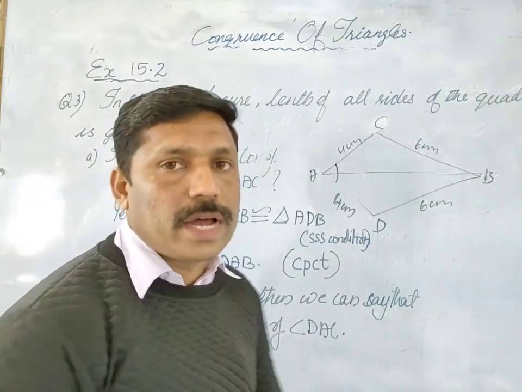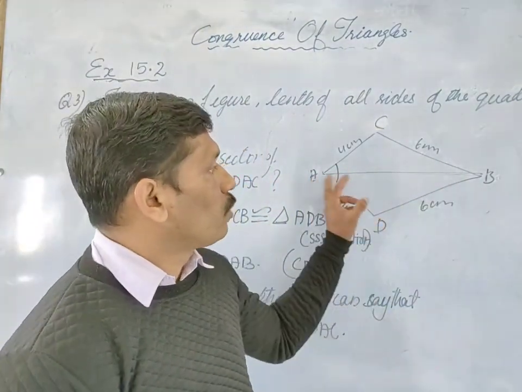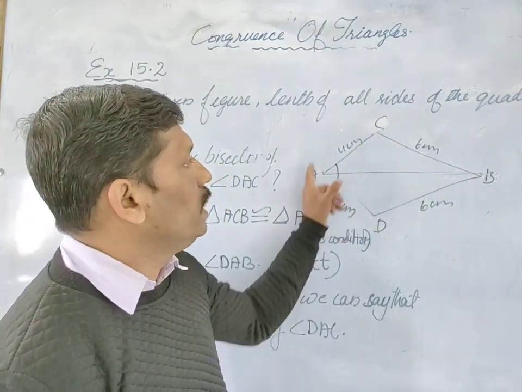So in this way we can prove that line AB is the bisector of angle DAC.